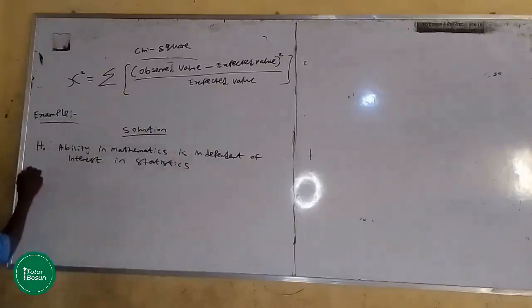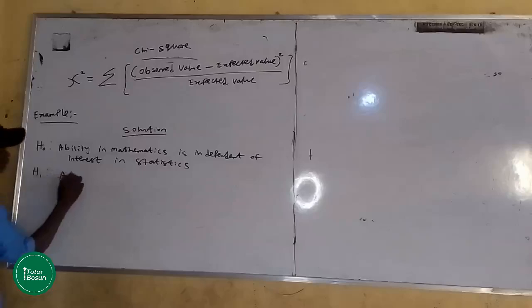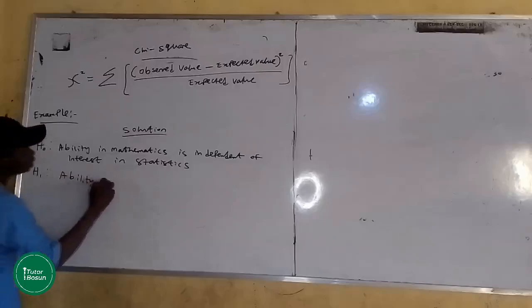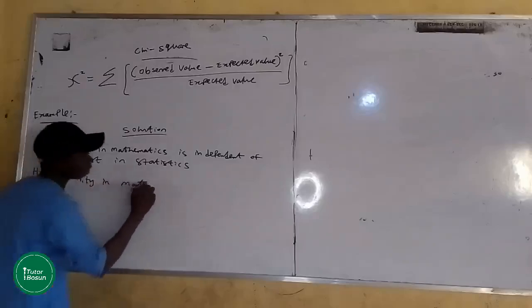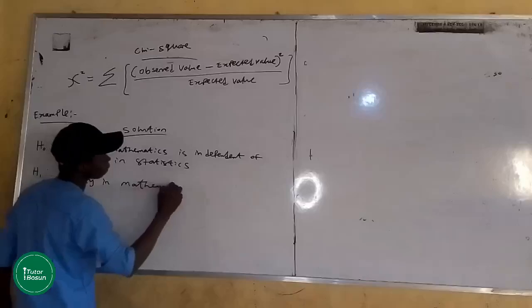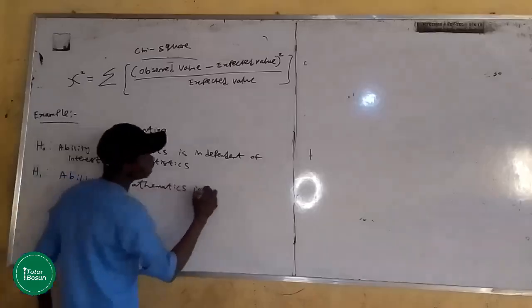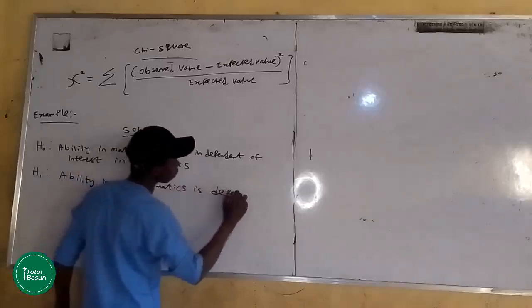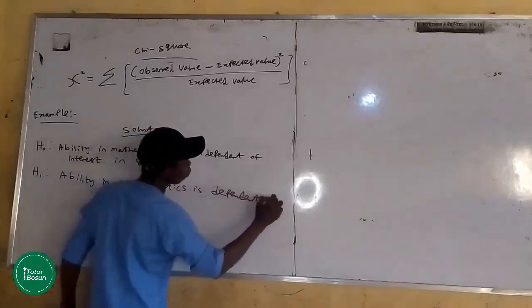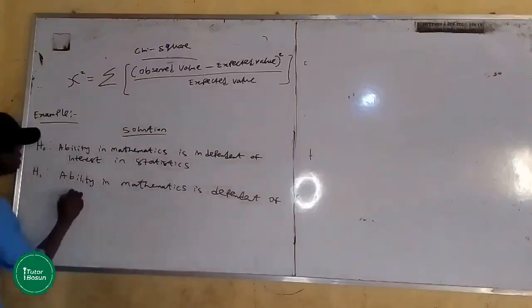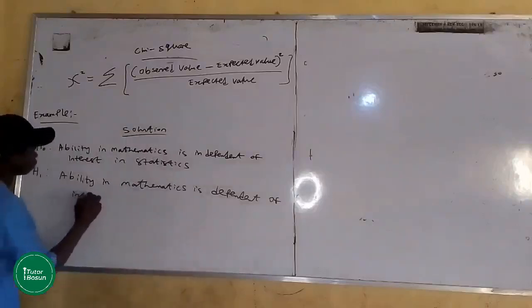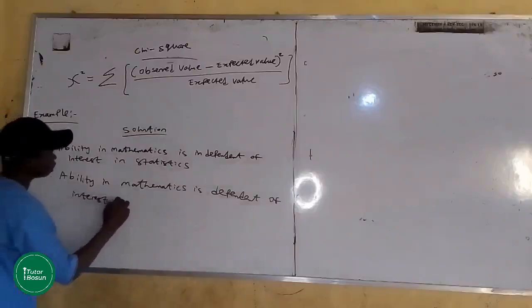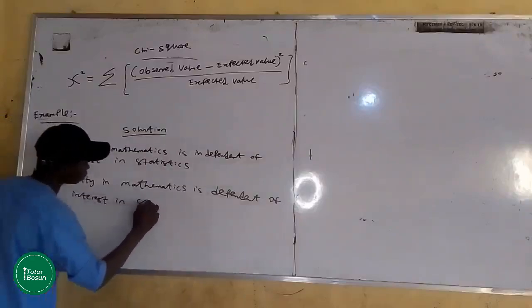And our alternative hypothesis H1 is that the ability in mathematics is dependent on interest in statistics.